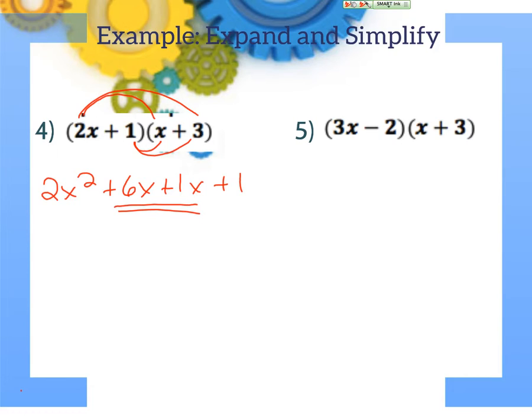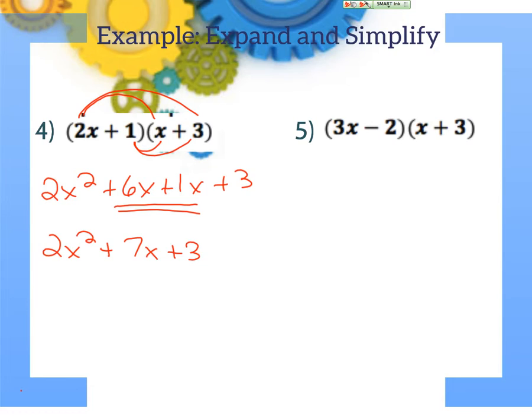Now, these are the only two that have like terms, so I'll have 2x squared plus 7x plus 1. But not 1. What mistake did I make? 1 times 3 is indeed 3, not 1. Alright. Questions on that part?